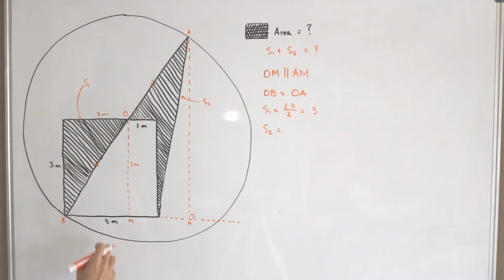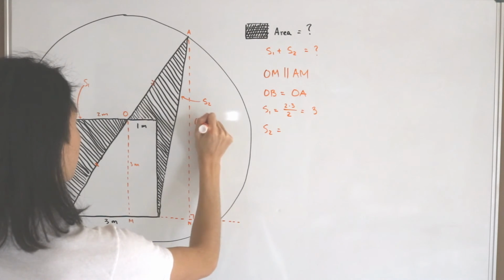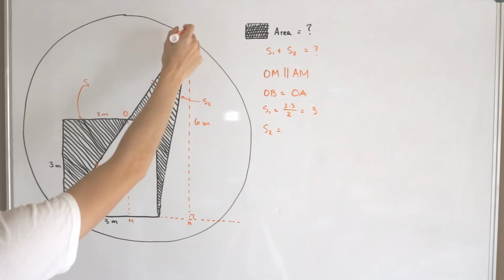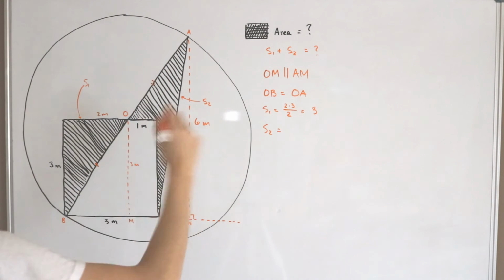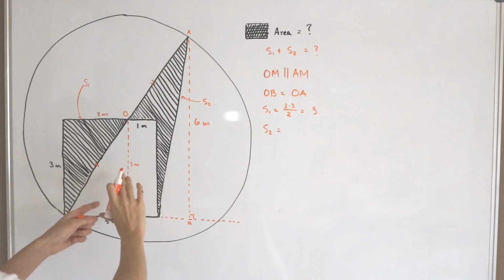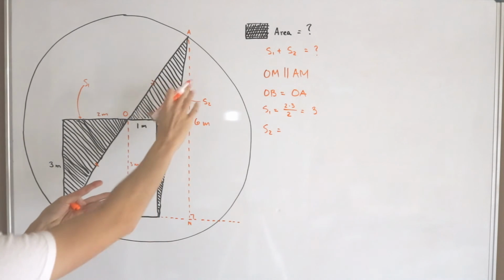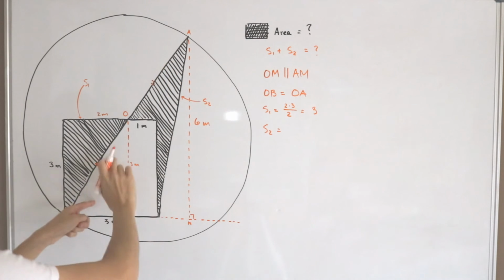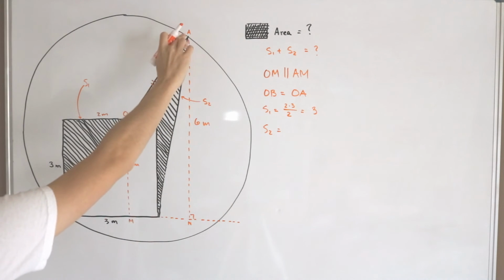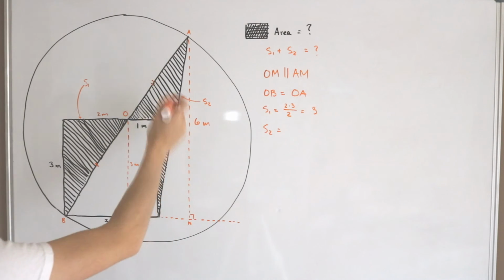The base is measured from 3 meters, and its height, from A to N, is 6 meters. I say that simply because of the congruency of the two radii: the triangle over here is half the area of the bigger triangle BNA. So we specified that the length is 6.